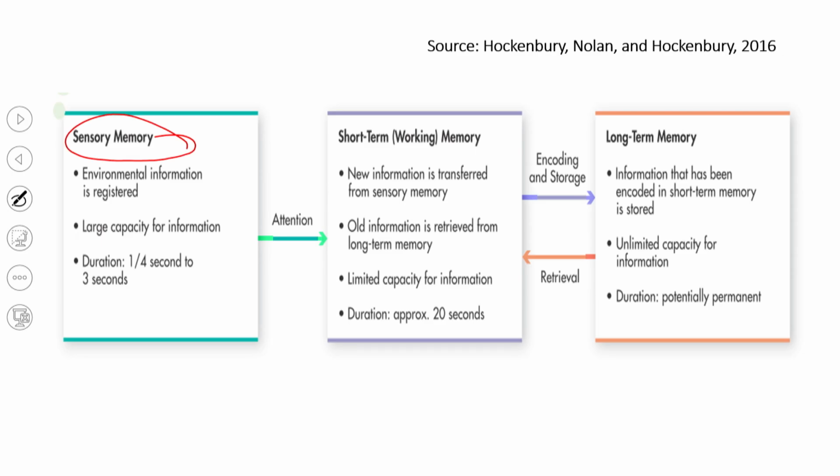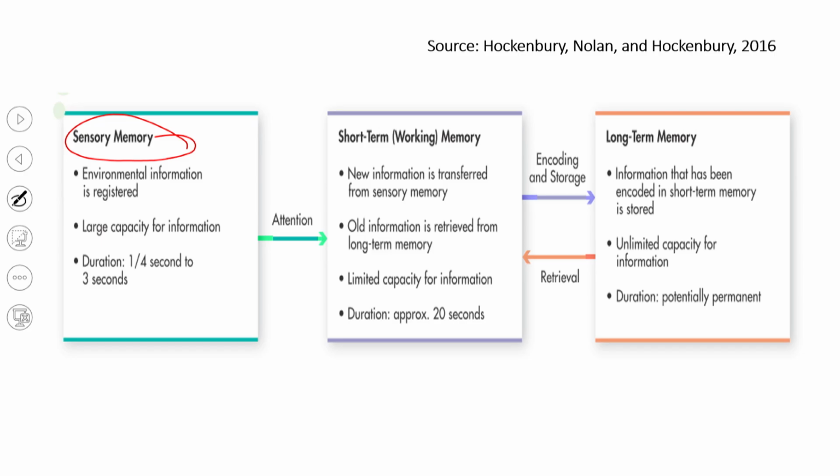Whenever you see something, there is visual information, and our eyes, the sensory organs, capture it. It captures it for a very brief moment of time, but still it is a memory because it is stored, maybe for 1 second. This is called sensory memory.